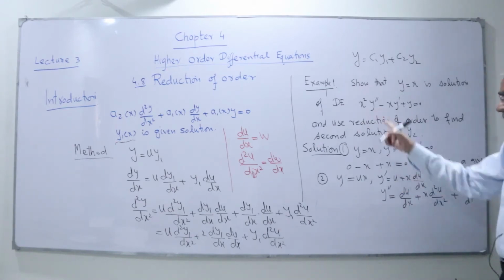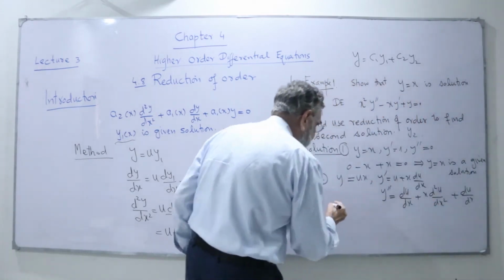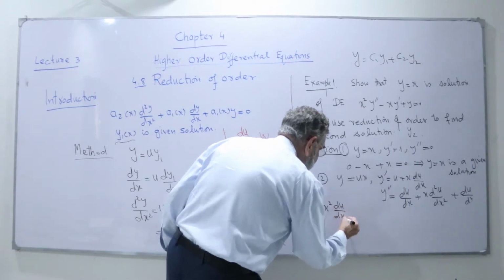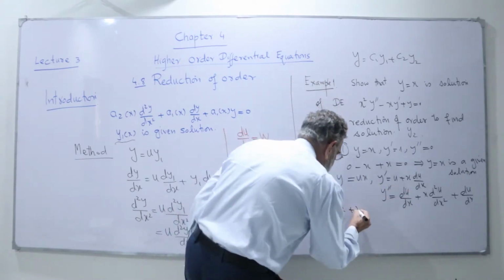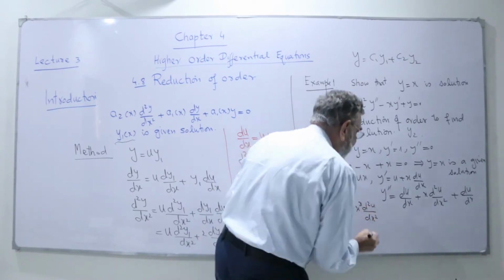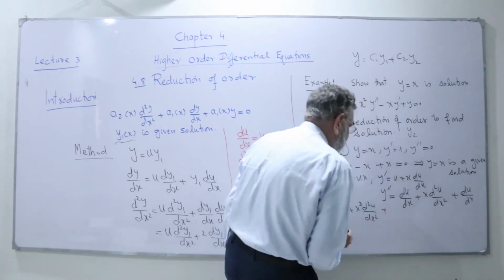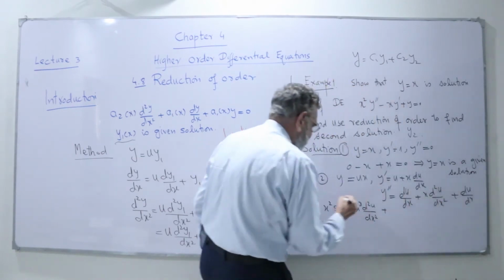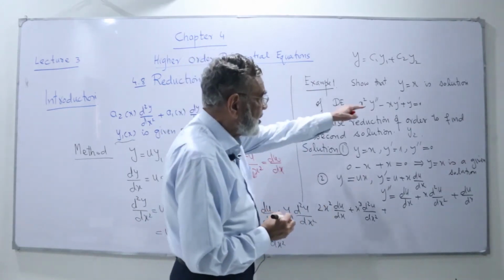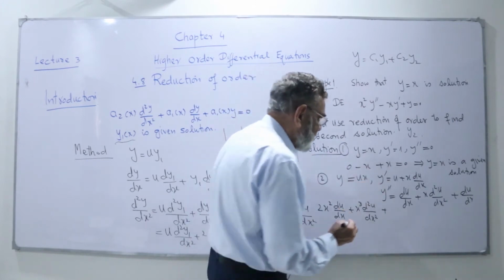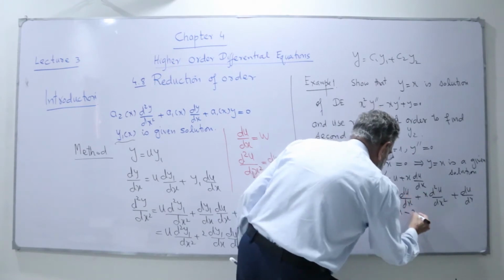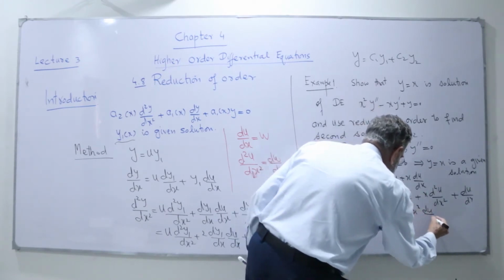We substitute in the differential equation, multiplying by x square. We get x square du by dx, then multiplying by x square we get plus x cube d2u by dx square, then plus x square times du by dx, which becomes 2. I write 2. Then I multiply the y dash term by minus x, and we get minus xu minus x square du by dx.